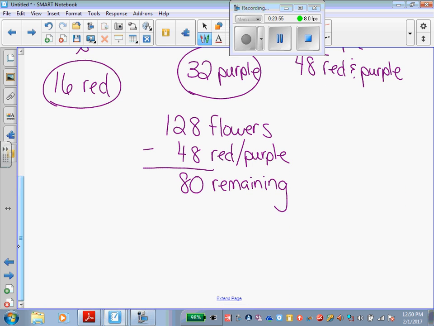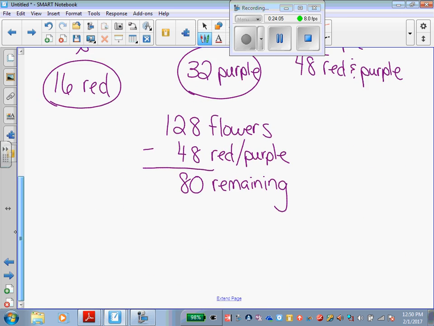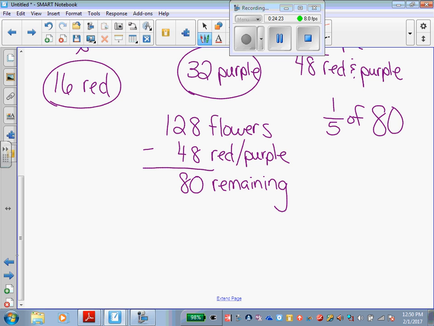Okay, so 80 is not the answer. 80 gets us closer to solving the answer. We have to figure out 1/5 of the 80, because it said 1/5 of the remaining. So if the remaining is 80, then we're doing 1/5 of 80. Now how would I lay this out as my multiplication problem? Brooklyn.